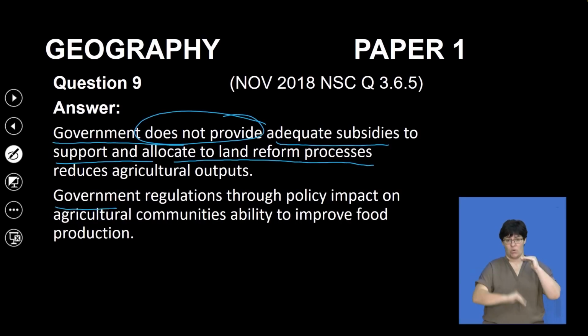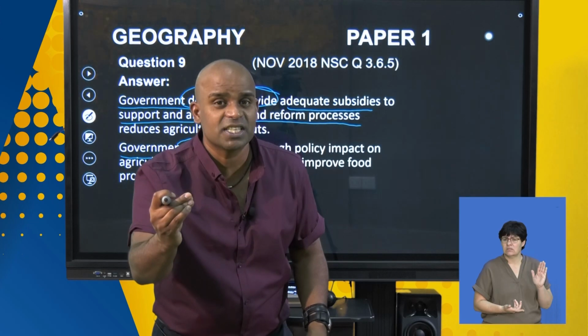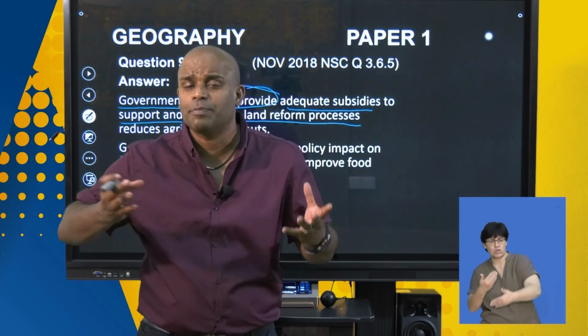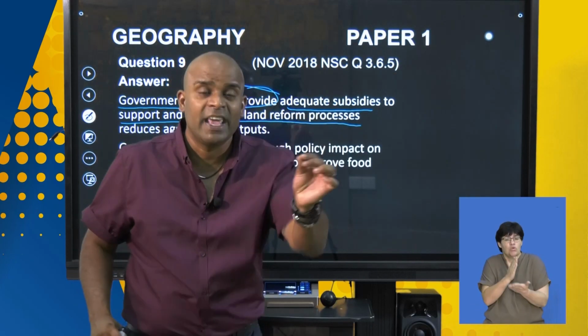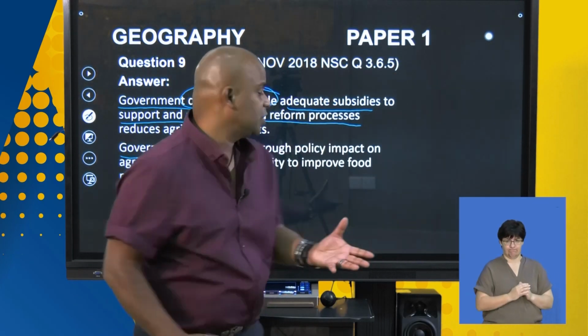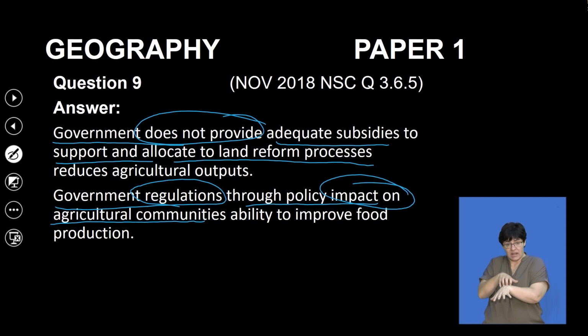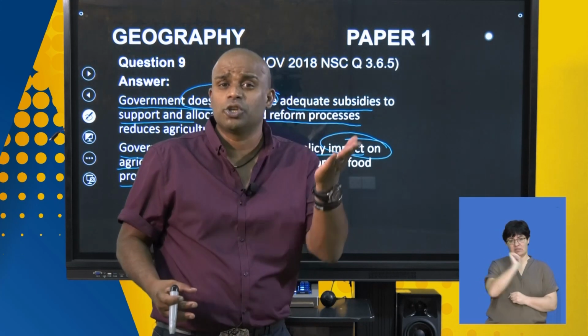What about regulations? And when we're talking about using the word regulation in a response, we are talking to policy and procedure. What kind of policies and procedures are in place to improve food security? Here, it's about government regulations. And what are we talking about? Through policy, impact on agricultural communities' ability to improve food production. So a lot is dependent on the government in improving the food security levels.